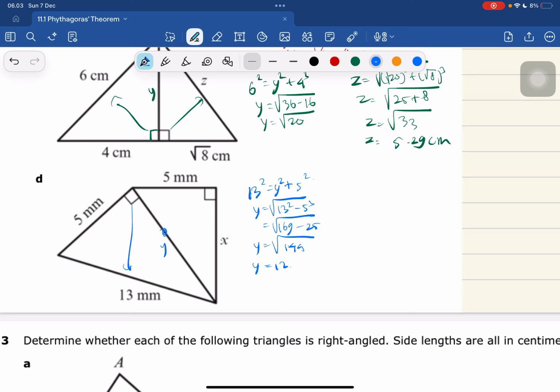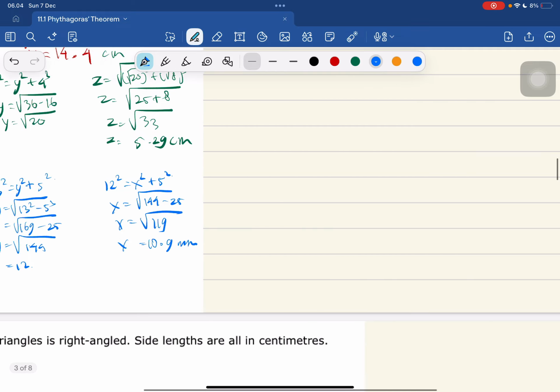This y is 12. This is the hypotenuse. So 12 squared equals x squared plus 5 squared. So x equals the square root of 144 minus 25, which is 119. So x for D equals 10.9 millimeter.